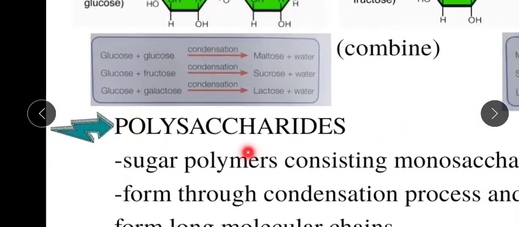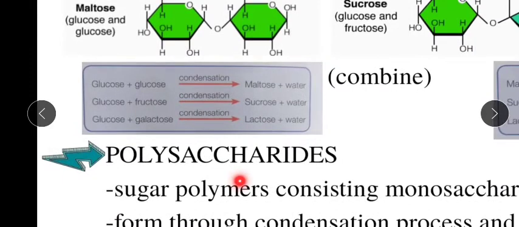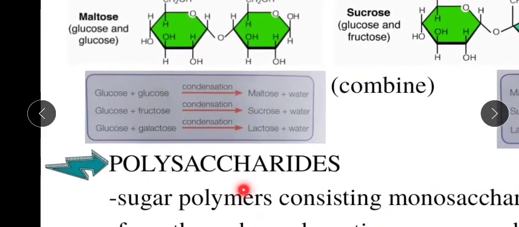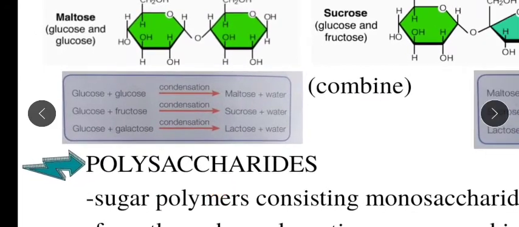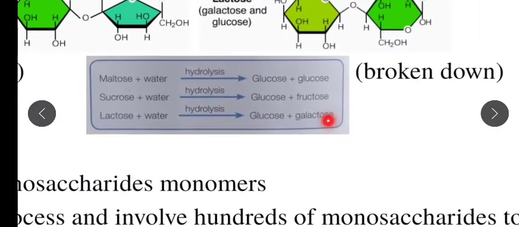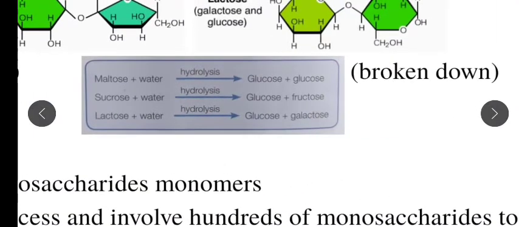Here is the equation for combination of monosaccharides to form disaccharides. And here is the equation for breaking down the disaccharides into monosaccharides.